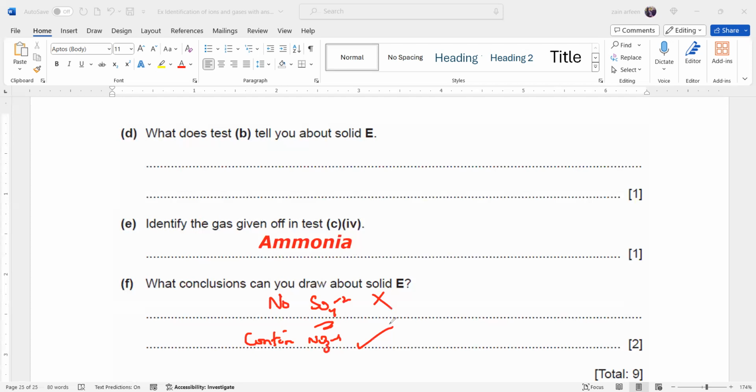So it is hydrated aluminium nitrate, which does not contain any sulfate. You should mention that test C indicated there is no sulfate ion and that it contains nitrate. Is this question about identification clear?